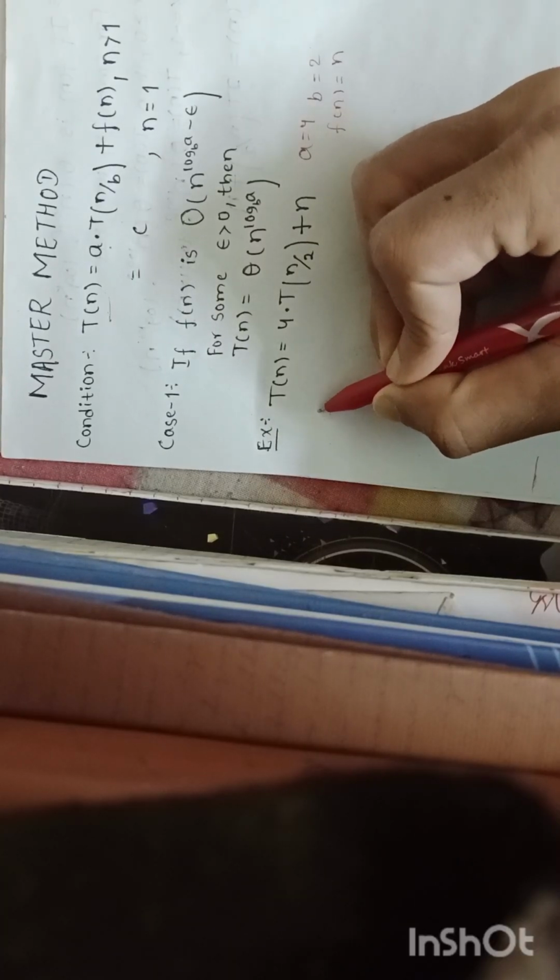We have to check whether n is big O of n log a base b. Here log a base b is log 4 base 2, and we know log 4 base 2 is log 2 power 2 base 2, which is 2. So it is 2 minus epsilon.